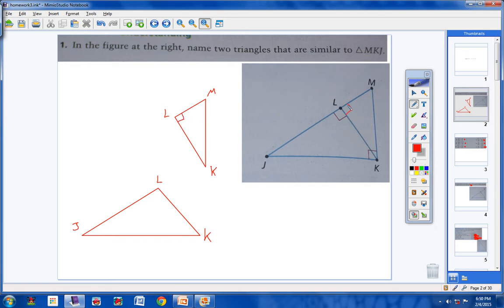Right here. There's a right angle here, which puts one right here. And then let's copy the big triangle right here. And we'll pull that down here, okay? And of course, we'll label this J, M, K.